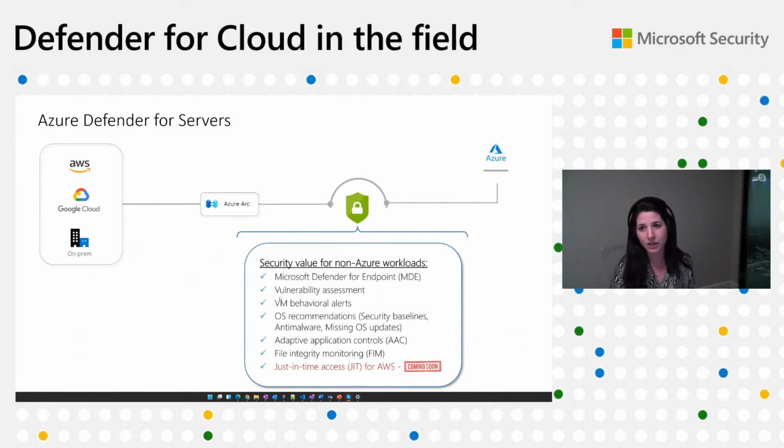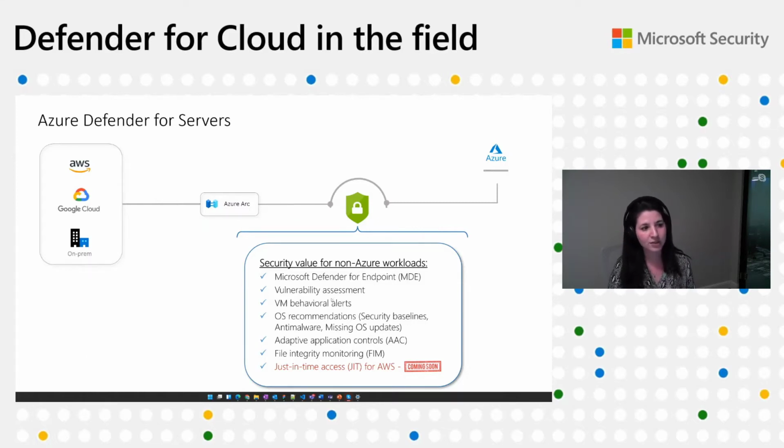Each one of them has a dependency on a specific extension, as our customers are already familiar with from Azure. Microsoft Defender for Endpoint has its own extension, and the vulnerability assessment solution as well, be it the TVM or Qualys extension.